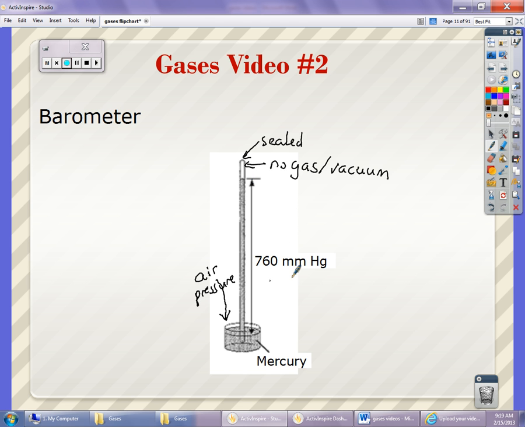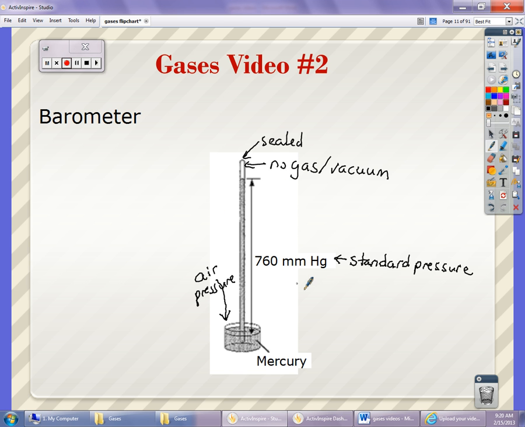Now, this particular one shows 760 millimeters of mercury. This is a typical or a standard day. So this is called standard pressure. Now, one way we describe it is 760 millimeters of mercury. Millimeters, because it is how far up the mercury traveled at sea level on a standard day where the first barometers were designed.